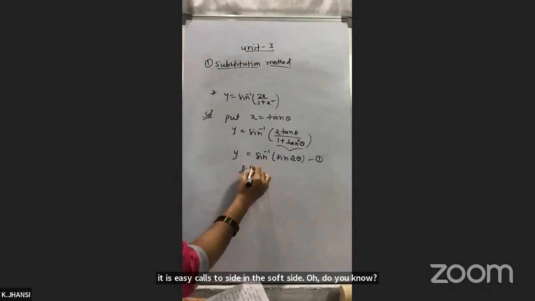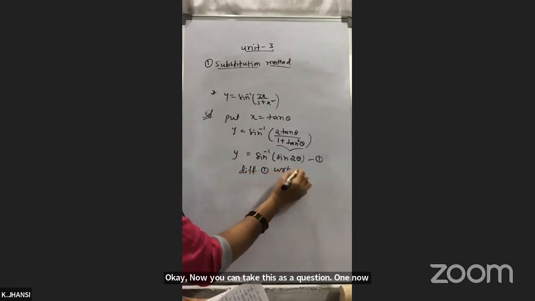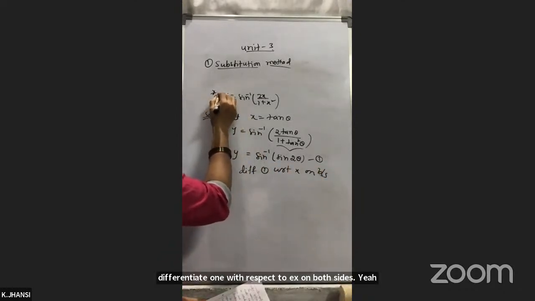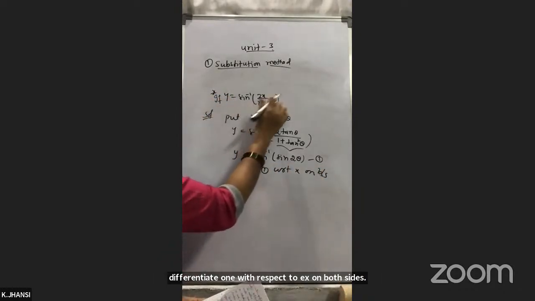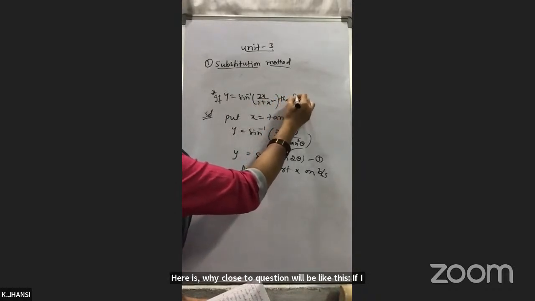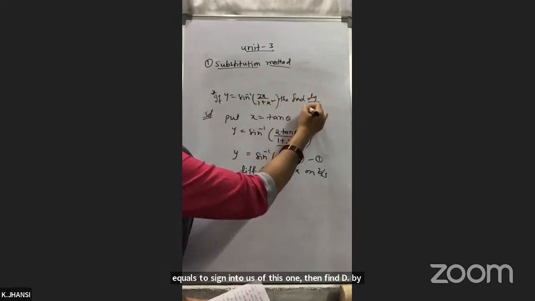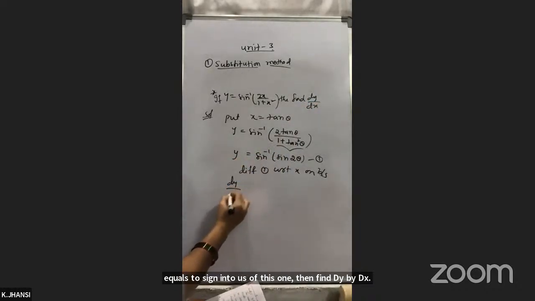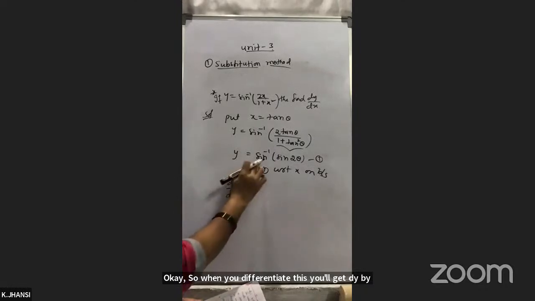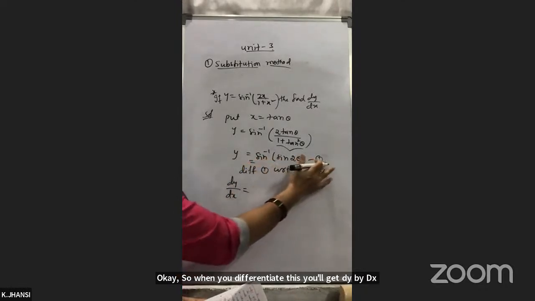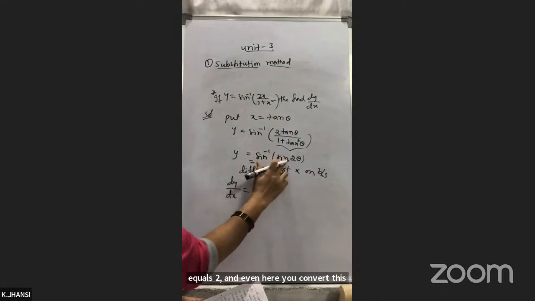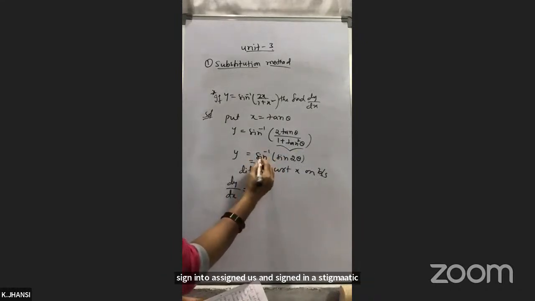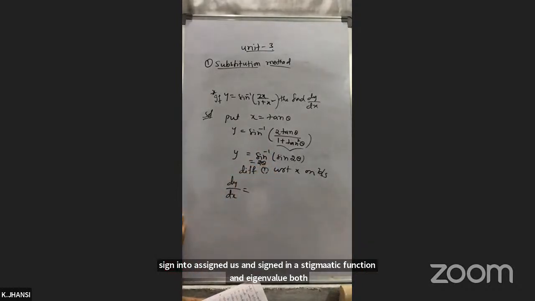Now differentiate 1 with respect to x on both sides. The question will be like this: if y equals sine inverse of this, then find dy by dx. When you differentiate this, sine and sine inverse both get cancelled, and you'll get 2 theta.